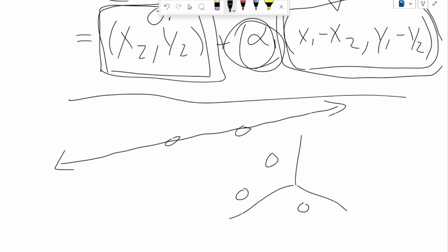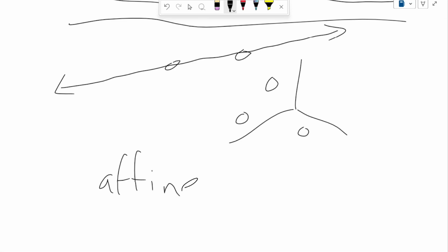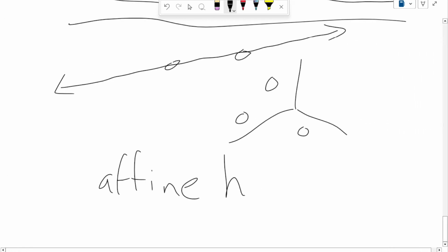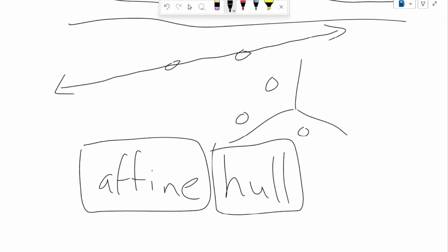And so this is what we call the affine hull, which I know is like a weird word. The way I like to think about it is like the hull of a ship is like the thing that encloses the ship, right? It's kind of like you're talking about the thing that closes the thing, and then what type of closing are we talking about when we're talking about affine?